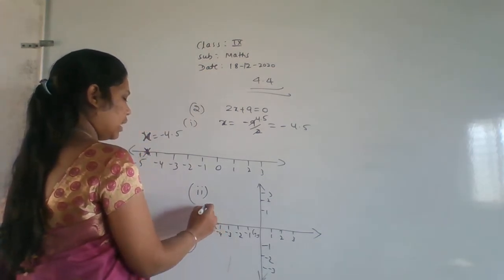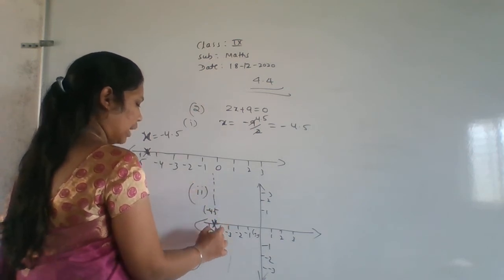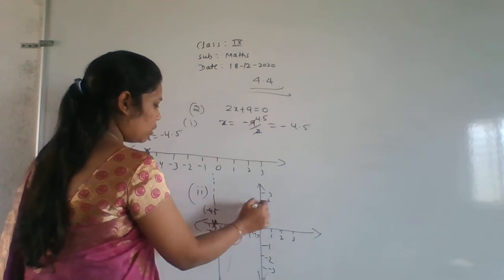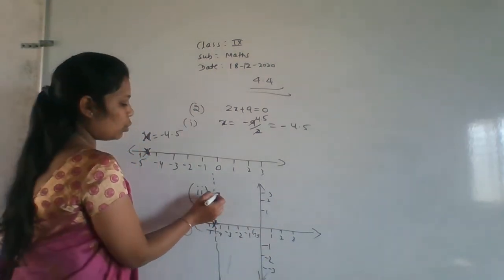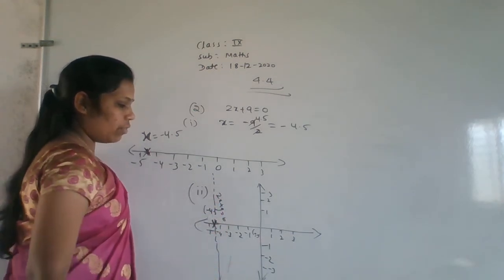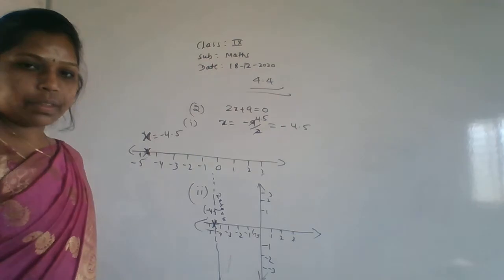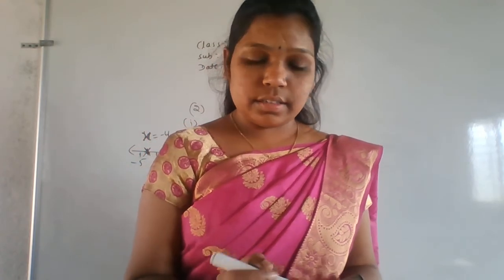So here we will get the value minus 4.5 and draw a line through that point. It is always parallel to the y-axis. This is the representation of 2x plus 9 is equal to 0 on the graph in two variables. Okay, so we completed both the problems in 4.4.